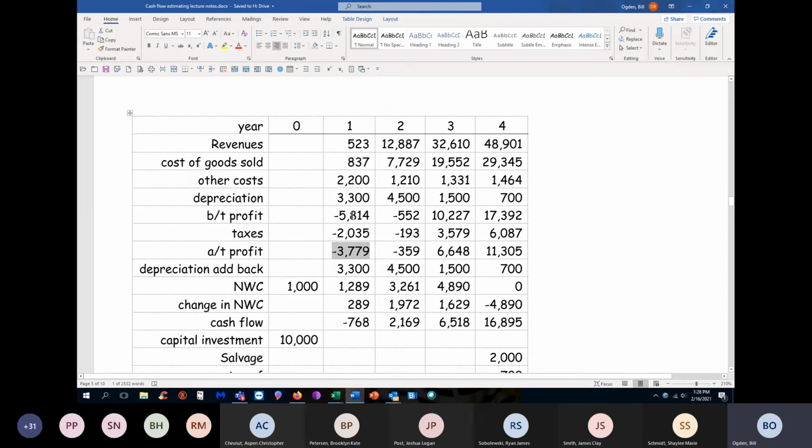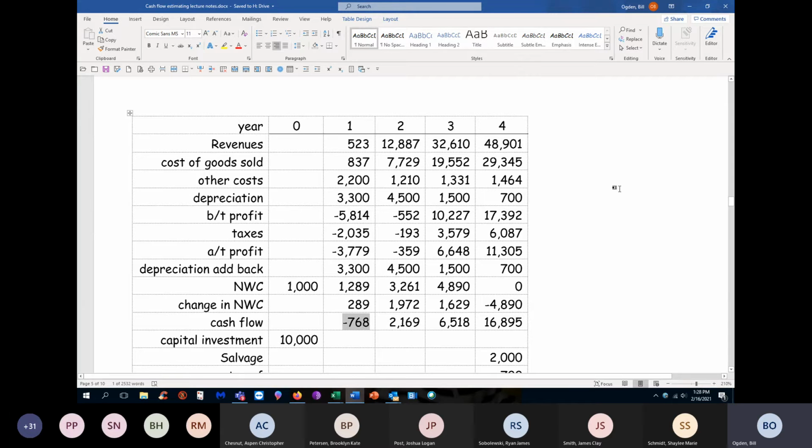So 58814 minus a minus 2035. And yeah, this is where this gets confusing, isn't it? You get the minuses. Anyway, you add back depreciation. So revenues minus costs minus depreciation times 1 minus t, and then take out the change of working capital, and you eventually get right back to where we are.